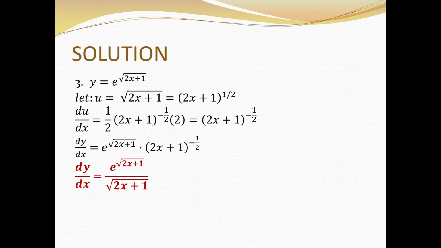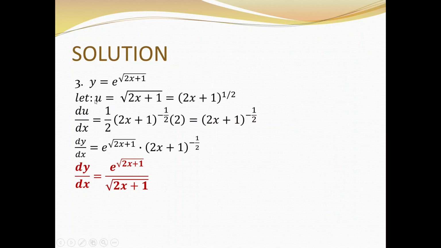For our example number 3, the given function is y equal to e raised to square root of 2x plus 1. Then this time we can consider again that our u, which is the exponent of this function, is equal to square root of 2x plus 1. Or we can also express this as raised to 1/2.